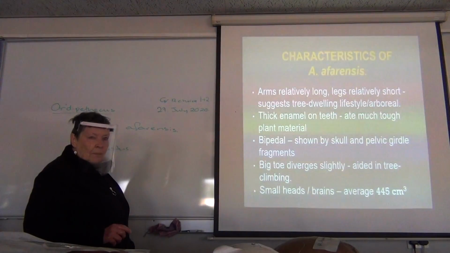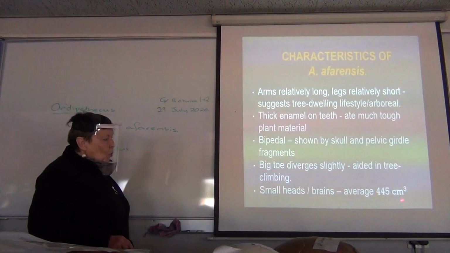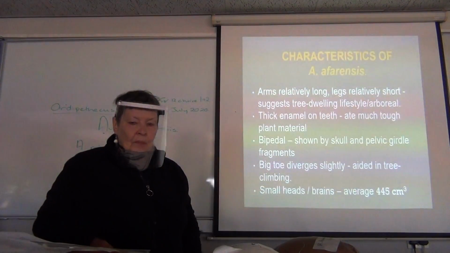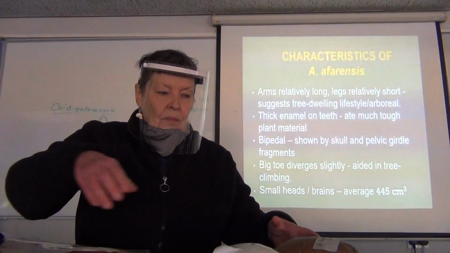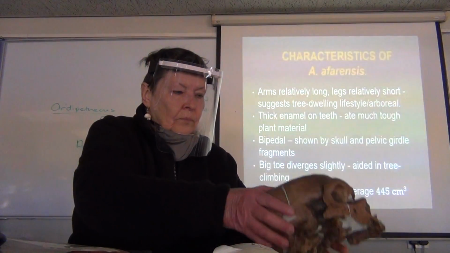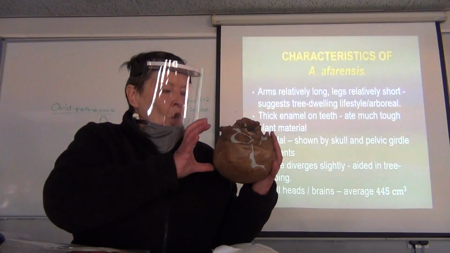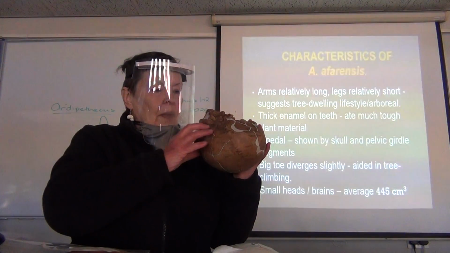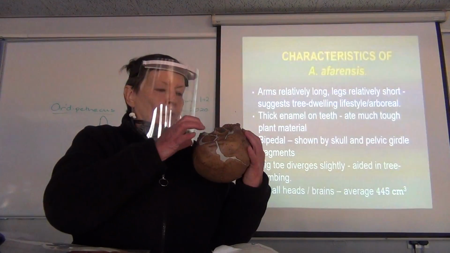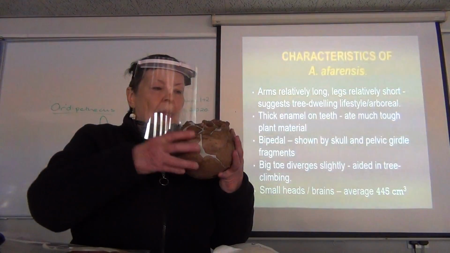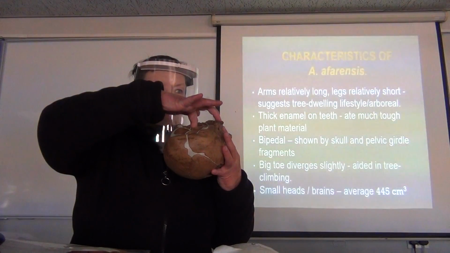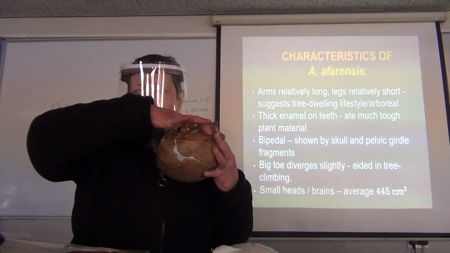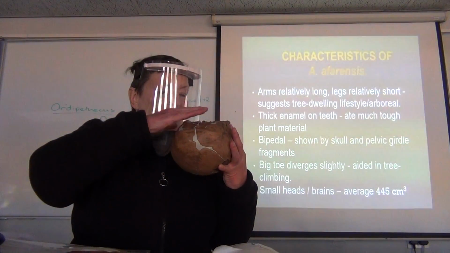Remember that to measure the size of the brain, they would take a skull, close off all the foramina, plug them with plasticine or whatever, and fill the skull with either a liquid or sand, until the skull was full.